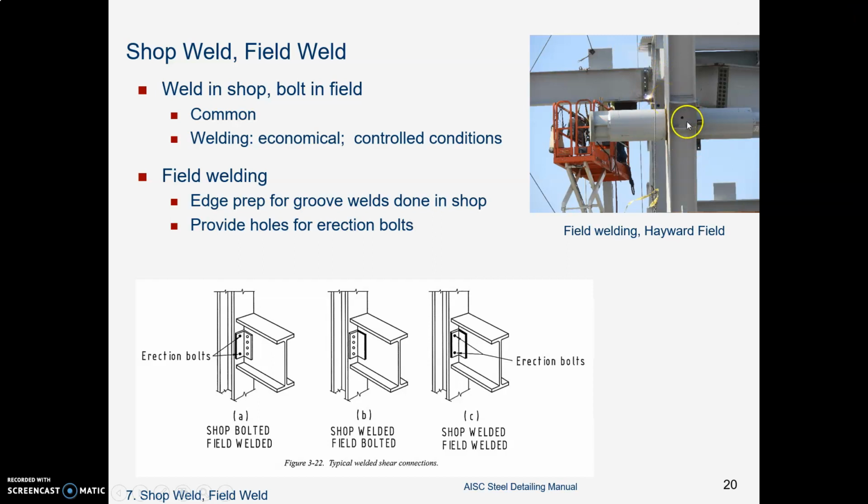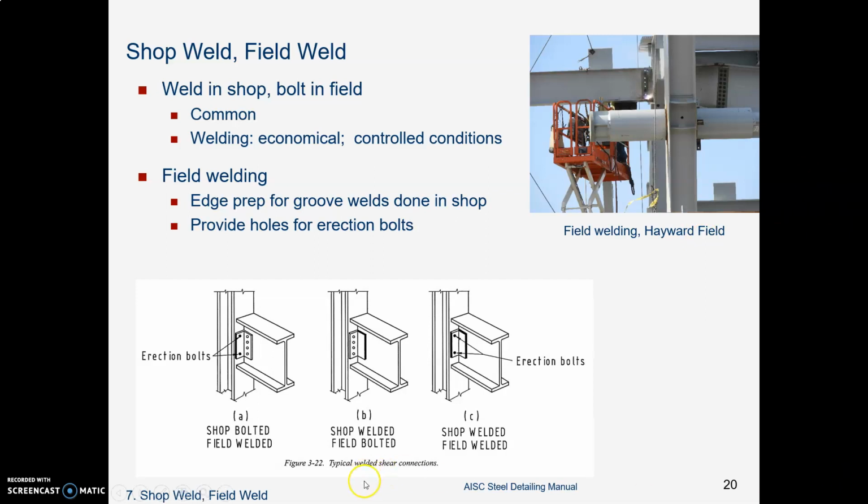And I don't know if you can see from this picture here, but this is a person up on this orange colored lift here. And that bright colored light there in the corner is the welding arc from their welder. They are welding a connection here. And this is the new stadium at Hayward Field in Eugene, Oregon.